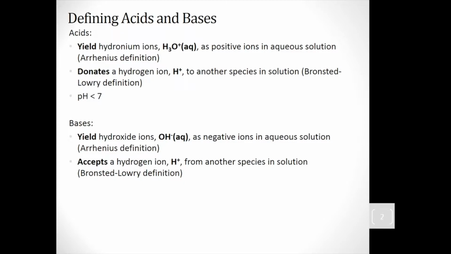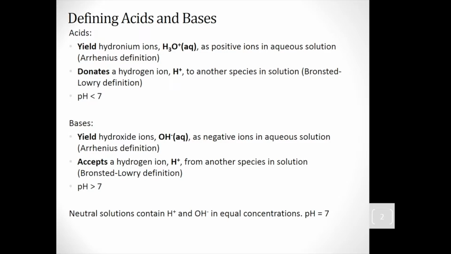For bases, if it yields hydroxide ions, so OH- as a negative ion in aqueous solution, that's the Arrhenius definition. The Bronsted-Lowry definition is that it accepts a hydrogen ion, so it accepts H+ from another species in solution. Again, there's a Lewis definition for bases, but what we mean is that in aqueous solution, it has a pH greater than 7.